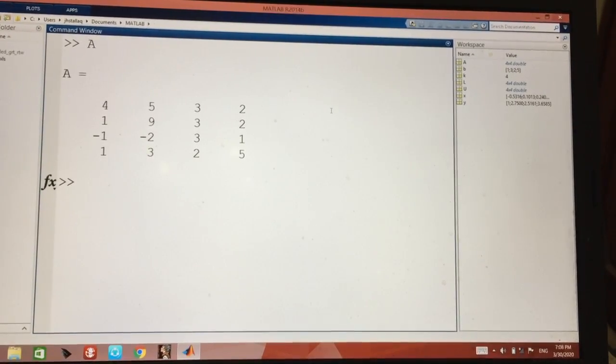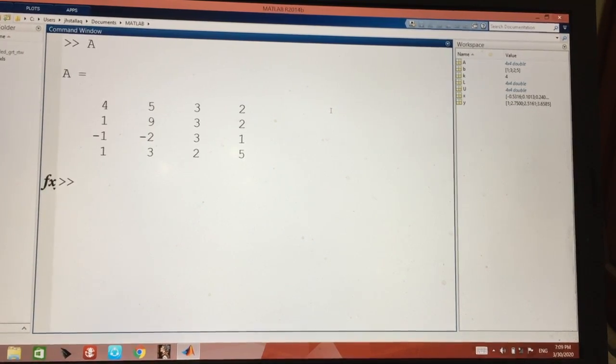So we want to factorize this matrix to L times U, where L is the lower triangle and U is the upper triangle. And again here we have A31, A32, A33, and A34.